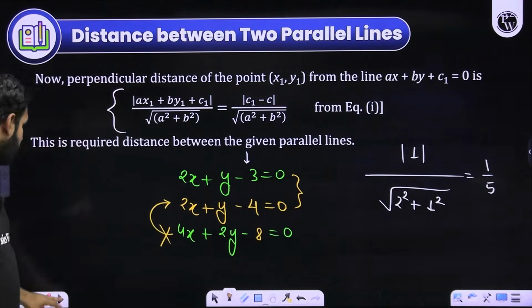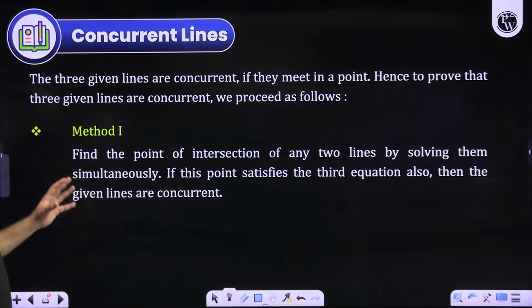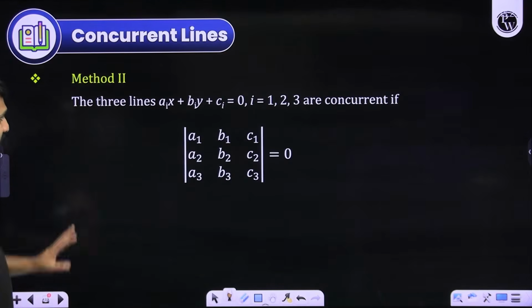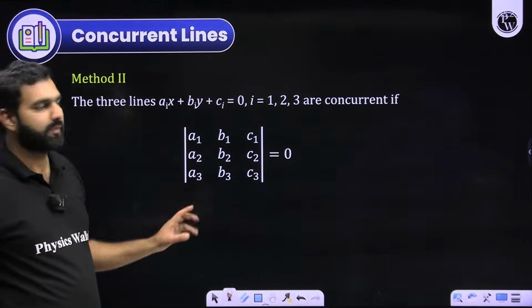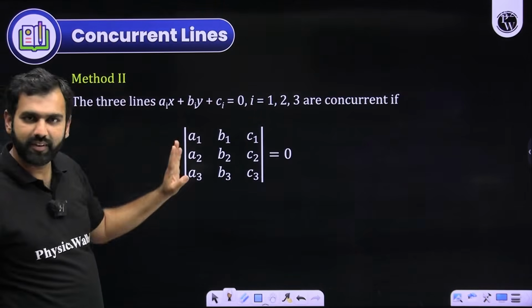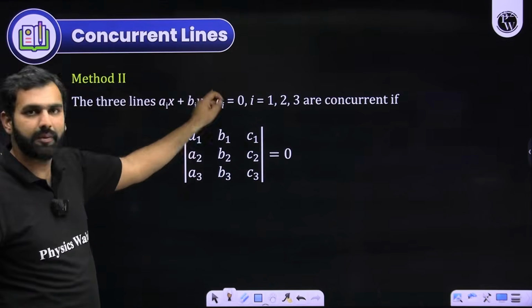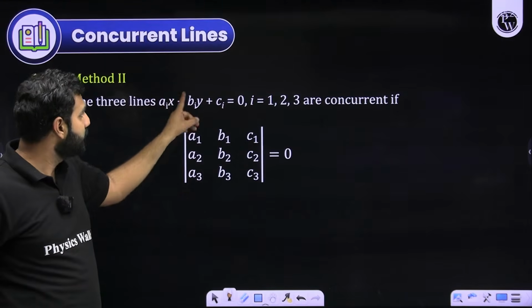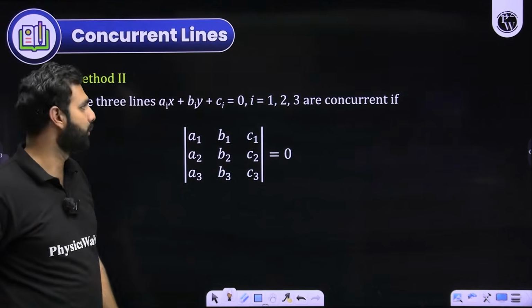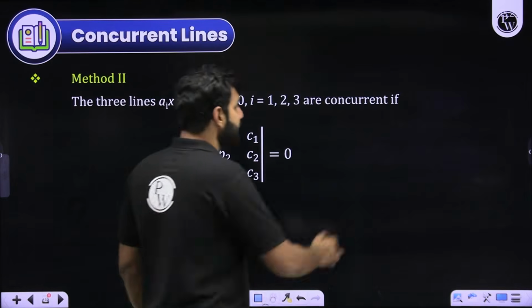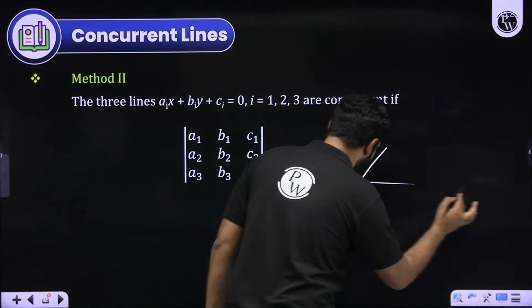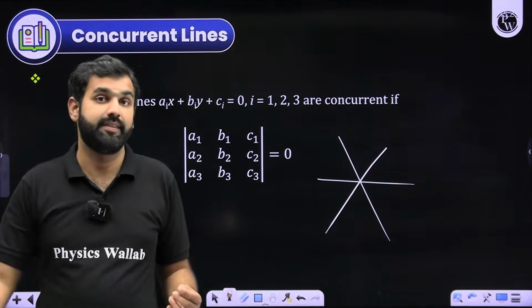Now, moving ahead from here, what do we have next? Concurrent lines. I'll simply tell you a standard formula. Let's say there are three lines: a1x plus b1y plus c1 is equal to 0, a2x plus b2y plus c2 is equal to 0, a3x plus b3y plus c3 is equal to 0. If they are concurrent, meaning all of them pass through one point, the way medians pass, they form the centroid.